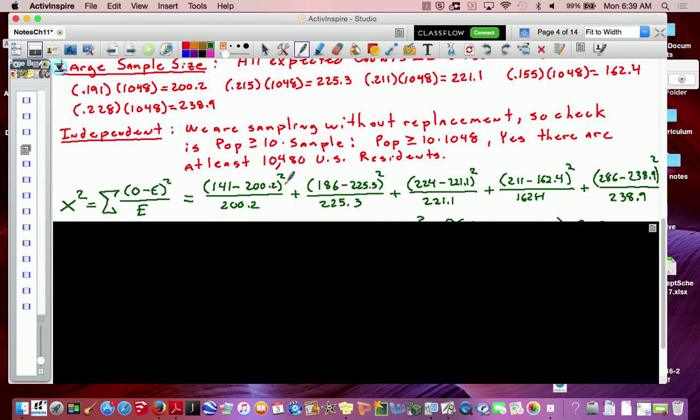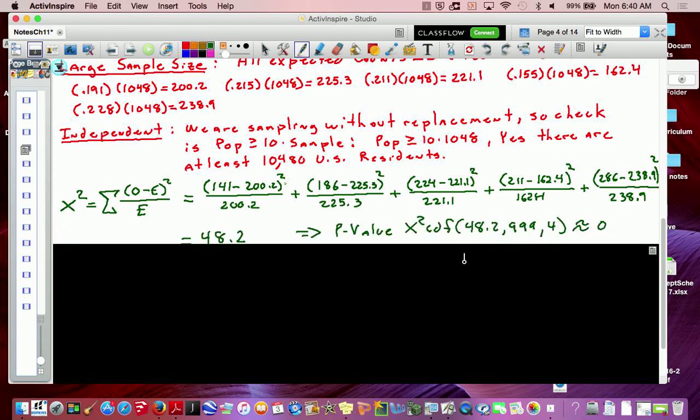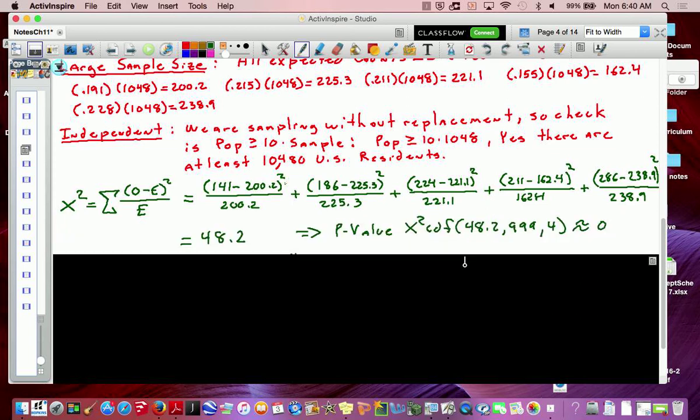So I have to calculate all these out and add them up. So when I do, if you trust my math, it becomes 48.2. So then what I can do to get my p-value is chi-squared CDF. I'm going from 48.2 to 999 with a degrees of freedom of 4.